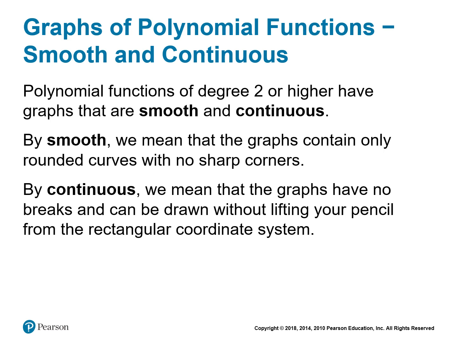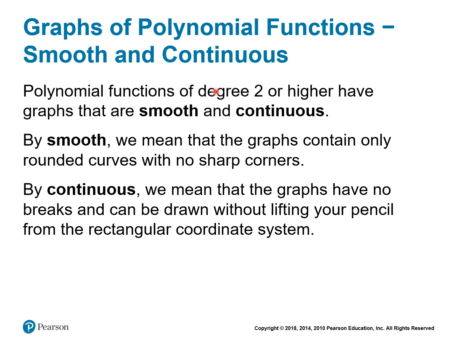Now let's look into some general properties of graphs of polynomial functions. All right, now all polynomial function graphs will be smooth and continuous. So polynomial functions of degree 2, functions of degree 2 are quadratic functions, so quadratic functions are also included in this property.